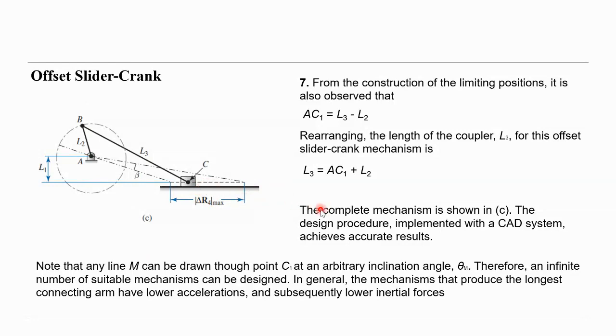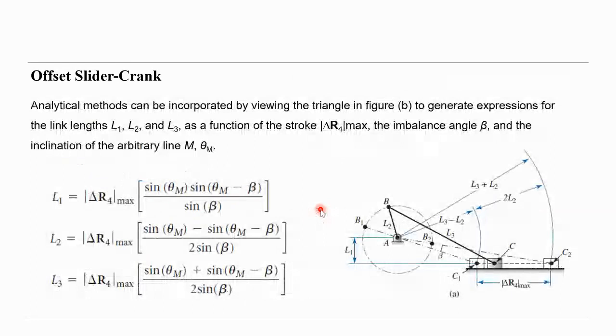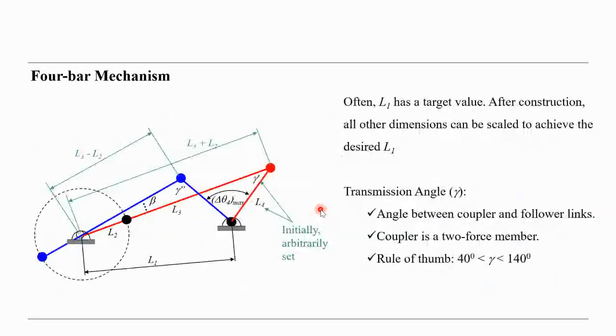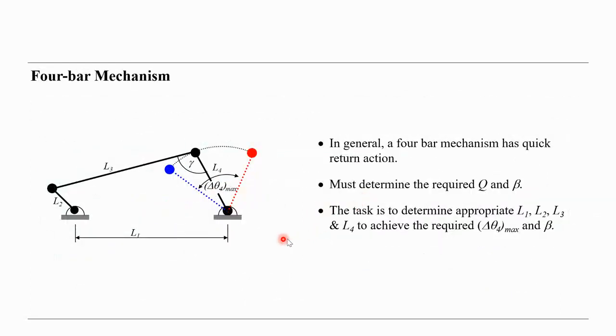And the second part of this chapter is the 4-bar mechanism, the angle here. This is our, let's say, the required or desired quantity, or we have to design a mechanism in order to achieve a given angle here between blue and the red.